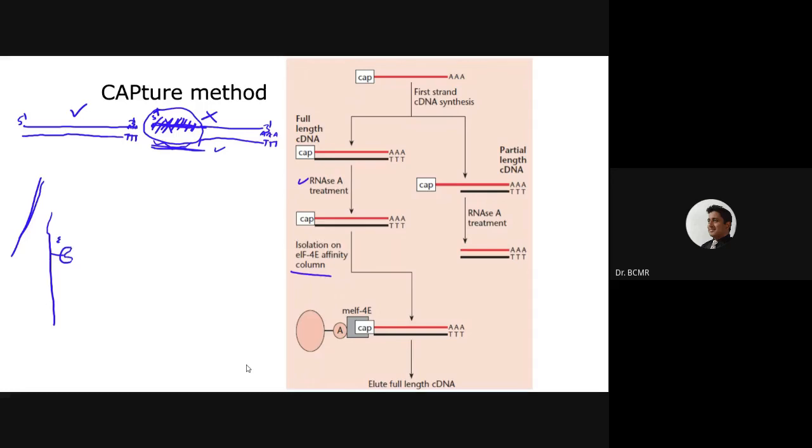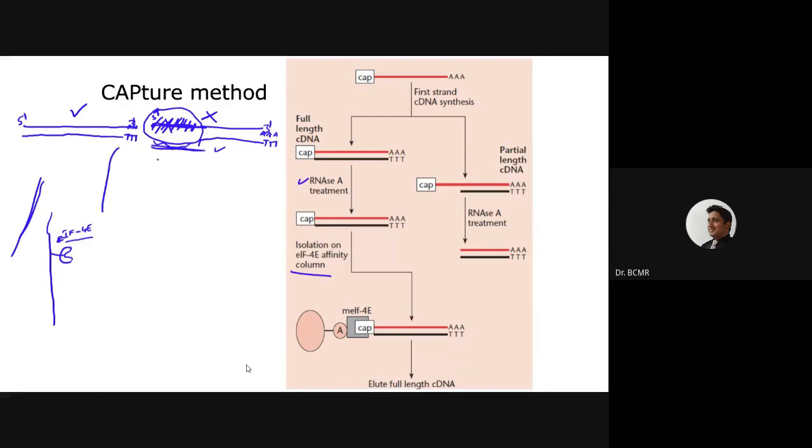You can assume that we have EIF4E. During eukaryotic translation, this is the initiation factor in eukaryotes. That is the one that recognizes the GCAP. It binds to the GCAP, and then the pre-initiation complex is organized and translation happens. So you're using it as something like a ligand and binding factor, right? Here the ligand is something like the GCAP.